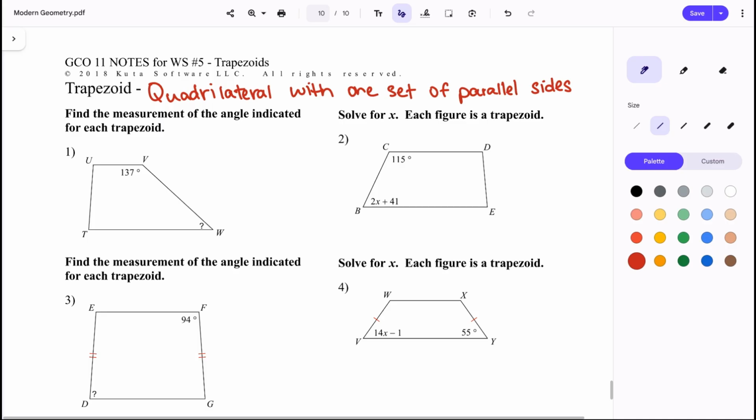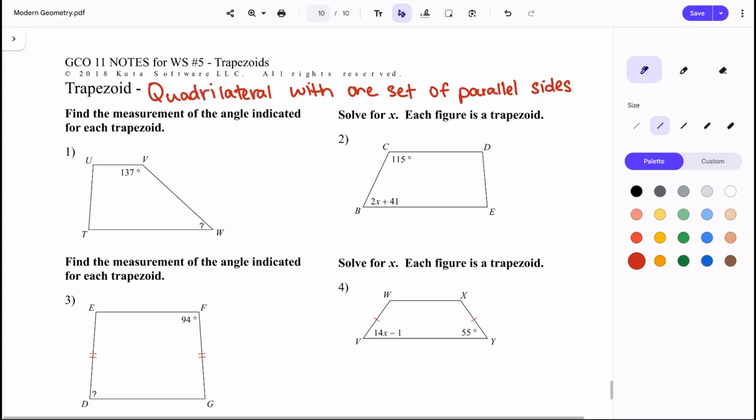A parallelogram had two pairs of parallel lines, and so did a rectangle and a square and a rhombus. A trapezoid has one pair of parallel sides, but not two. So we can't say that both pairs of opposite sides would be parallel on a trapezoid.